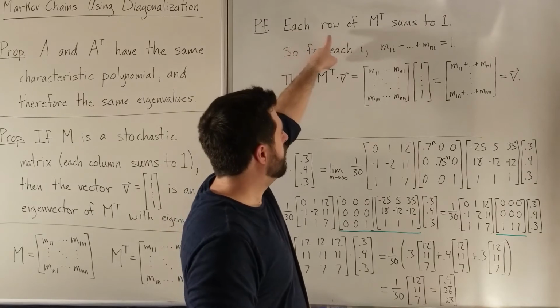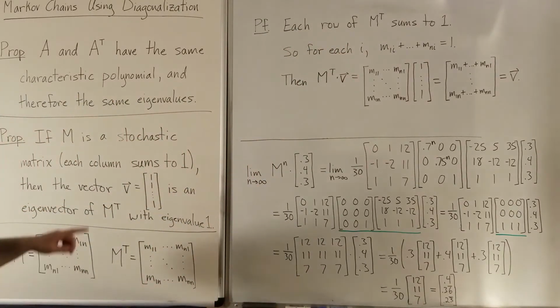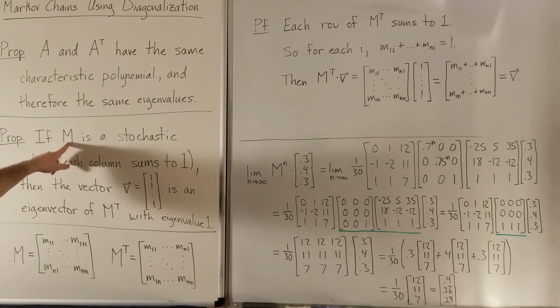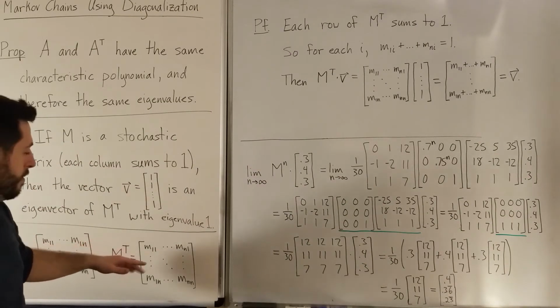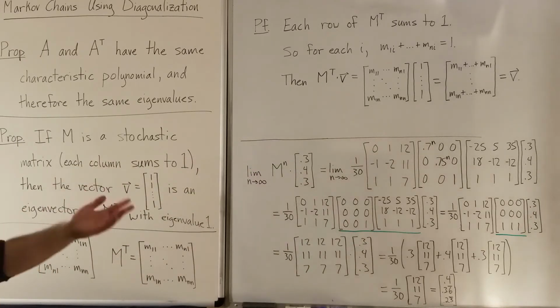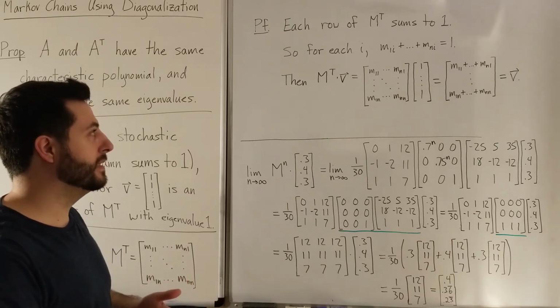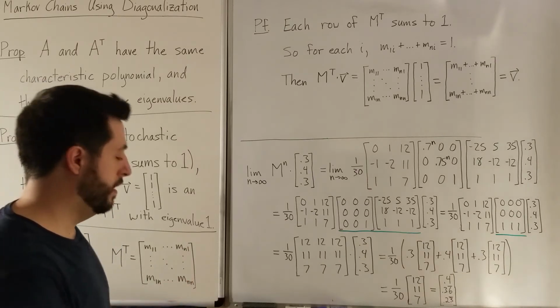So each row of the transpose of M must sum to 1. So remember, each column of the original sums to 1, but each row of the transpose is just a column of the original that's been transposed. And so the sum of the elements in that would still be the same because the elements themselves are the same. Okay?